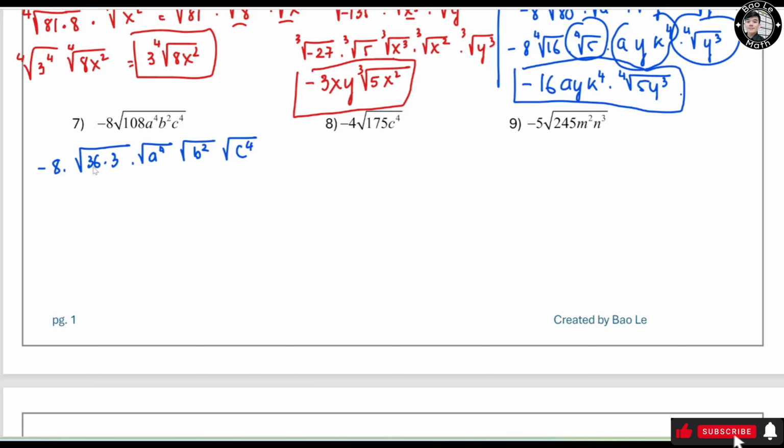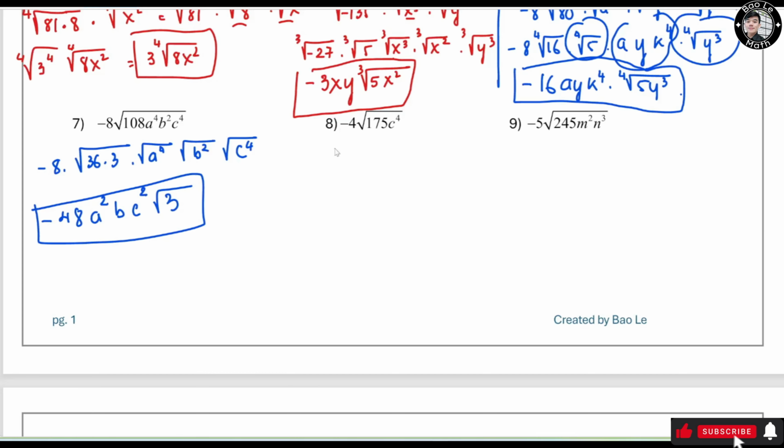Now square root of 36 equals 6 times negative 8 is going to be negative 48, right? Square root of a to the 4 is going to be a squared. Square root of b squared is going to be b. Square root of c to the 4 is going to be c squared. And you have square root of 3 left right here. This one is the final answer.